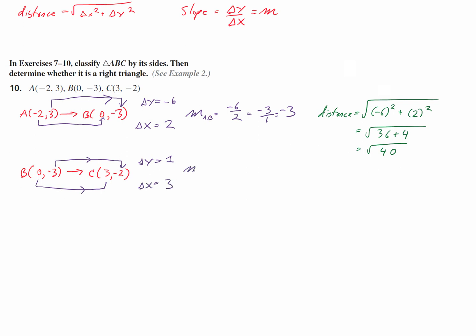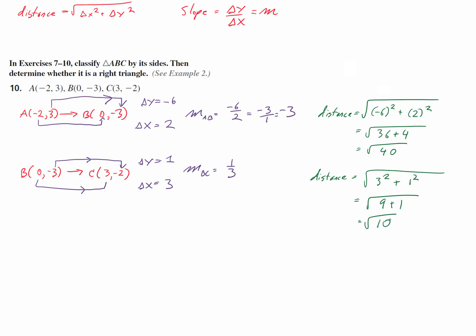So my slope of BC is equal to 1 over 3. And we're done with that. Let's check the distance of this guy. And again, it's the change in x squared plus the change in y squared. So my change in x here is 3 squared plus my change in y squared, which is 1 squared, which is equal to 9 plus 1, which is equal to the square root of 10.